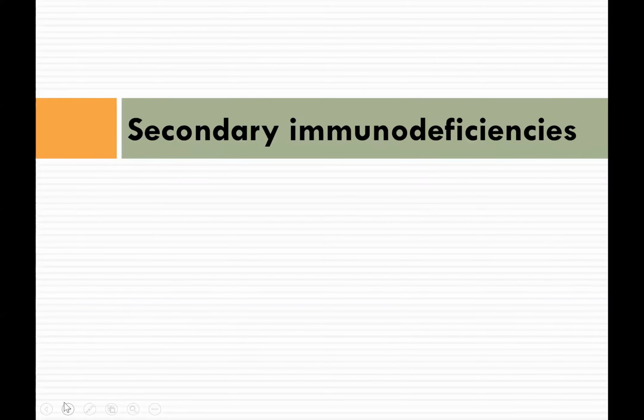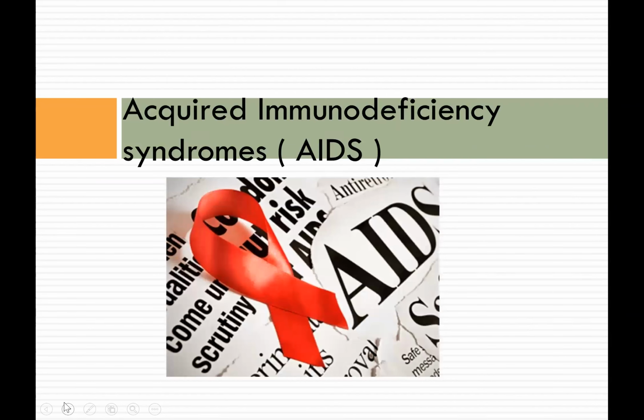Now, we're done with the primary immunodeficiencies. Let us now proceed with the secondary or acquired immunodeficiencies. This is often encountered in individuals with a primary problem, like, for example, cancer, diabetes, other metabolic disorders, malnutrition, or patients receiving chemo or radiation therapy.